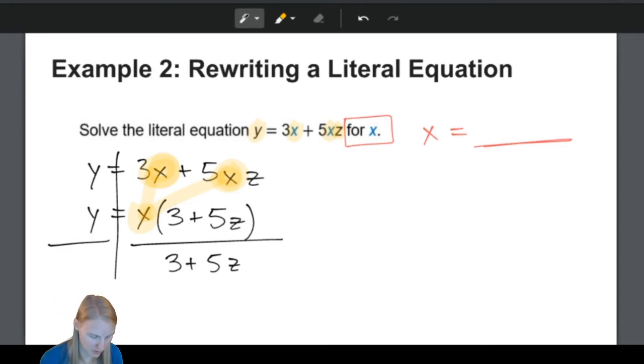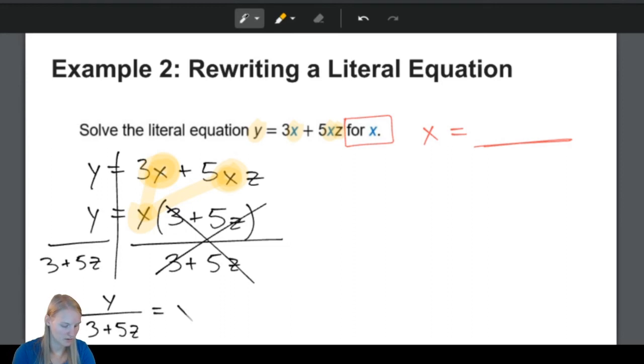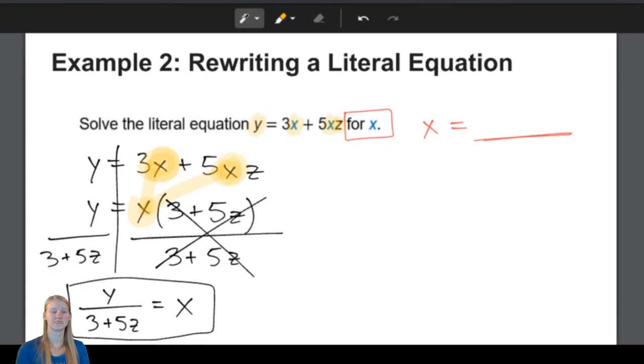So I'm also going to divide this side by 3 plus 5z. So it goes away on this side. I don't have the 3 plus 5z anymore. And instead, I am left with y over 3 plus 5z equals x. And the x is by itself. So we did it.